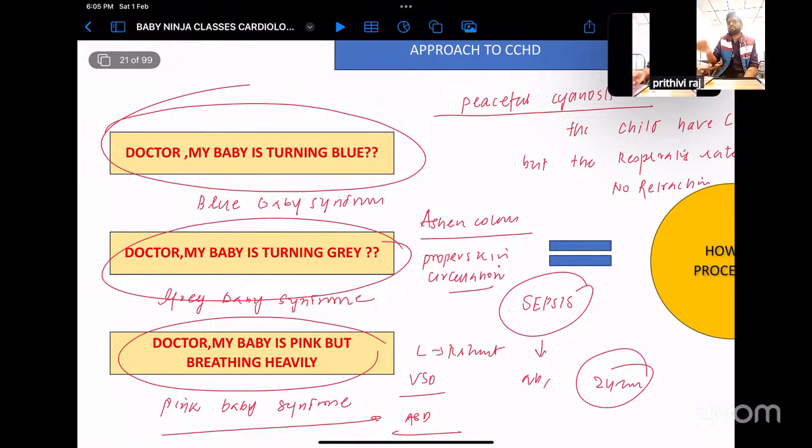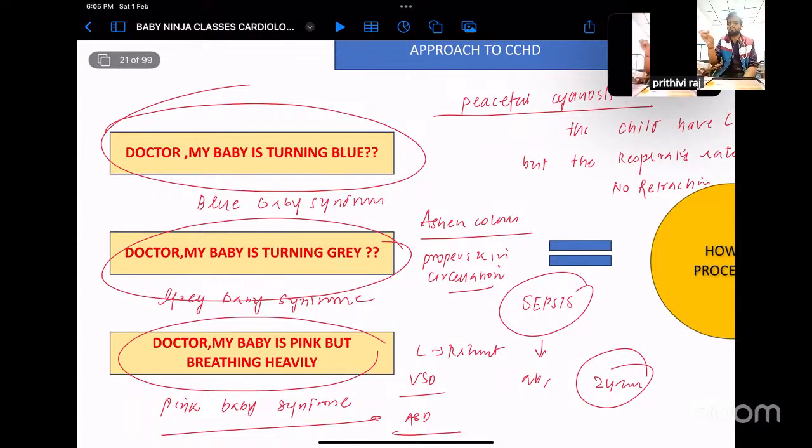In blue baby syndrome, this is one thing. They can present with cyanosis, where one of our differentials should be cyanotic congenital heart disease, along with the differentials of pneumonia and respiratory disorders. Whereas when the child presents with gray baby syndrome, it means the color of the skin is gray. That means the skin circulation is poor. So most likely the child is in shock. So one of the commonest differentials that has to come to our mind in any neonate presenting to your emergency room with features of shock is always sepsis.